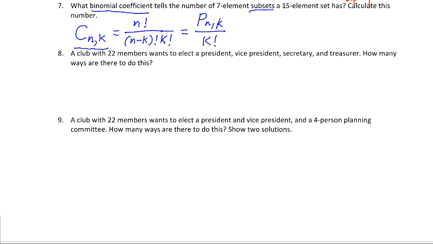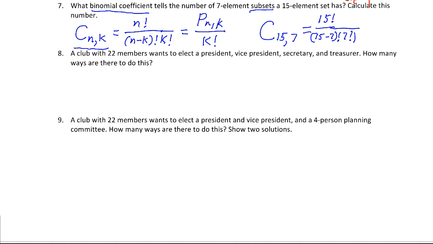In any case, the answer to this problem is C(15,7). This is the binomial coefficient. It says to calculate the number, and I guess I forgot to do that. It's going to be 15 factorial over 15 minus 7 factorial, 7 factorial.